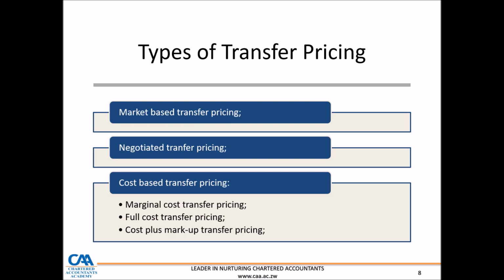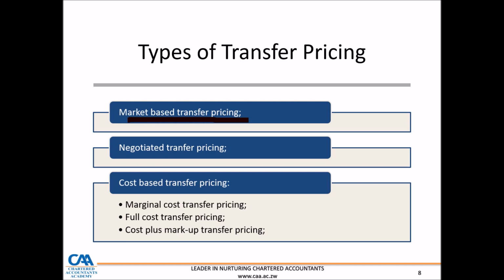And if that's so, how much will it charge? So that is the market price, less any selling and distribution cost. Because now we are saying if they're transferring the goods internally, they are not going to incur selling and distribution cost. So once you say market price minus the S&D cost, then we get the transfer price if you are using the market-based transfer pricing approach.